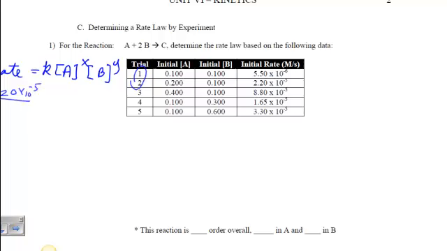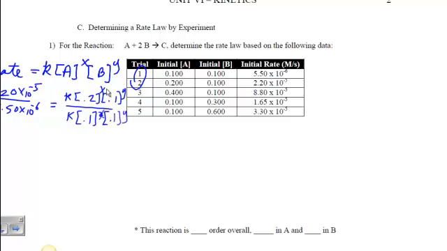divide it by the rate of trial 1, and set it proportional to the trial 2 data, so k times 0.2 to the x times 0.1 to the y, all over trial 1 data, so k times 0.1 to the x and 0.1 to the y.